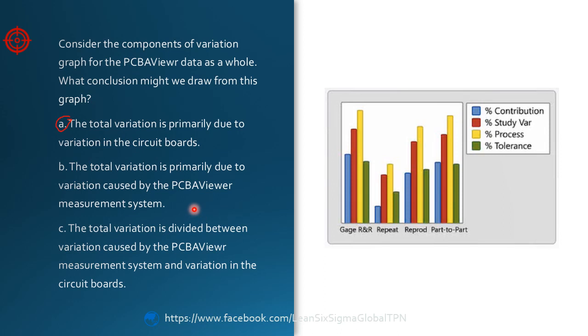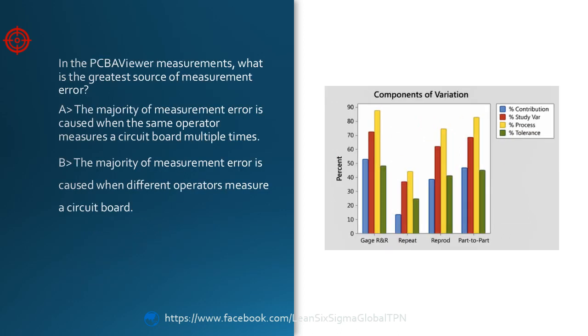So you see here, each component contributes some amount of variation to the total variation. The total variation is almost evenly divided between the measurement system and the parts themselves.